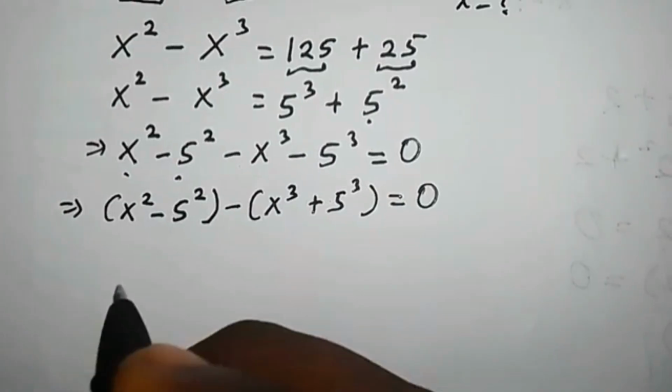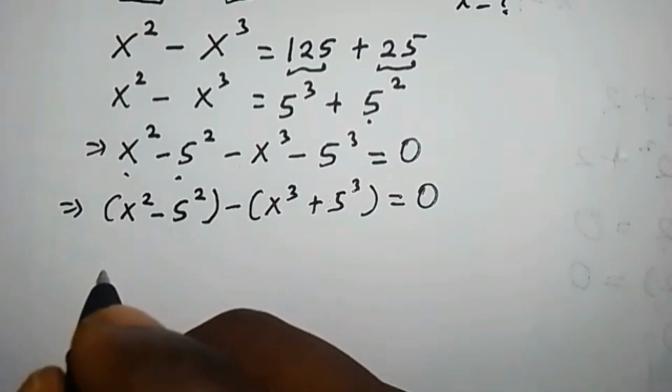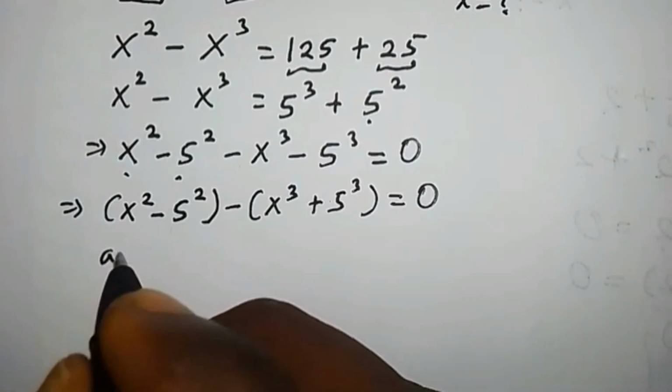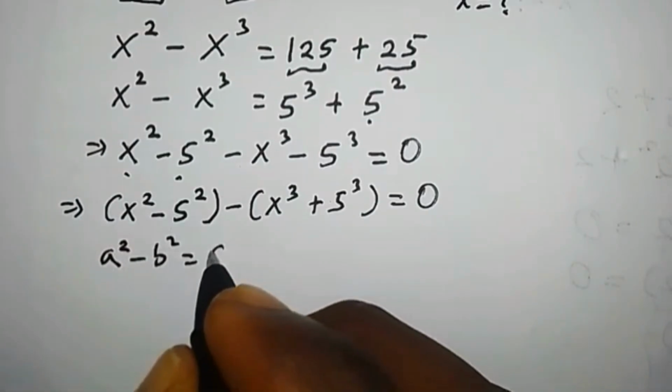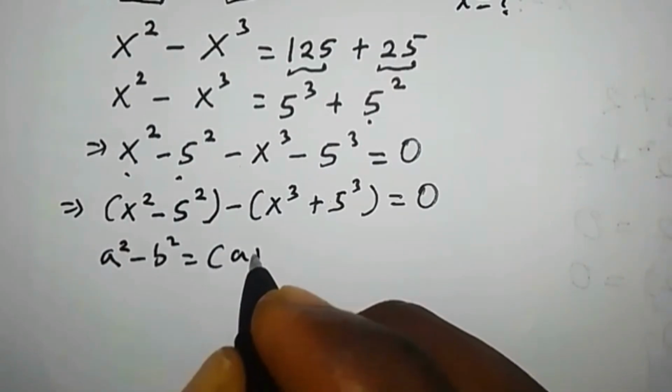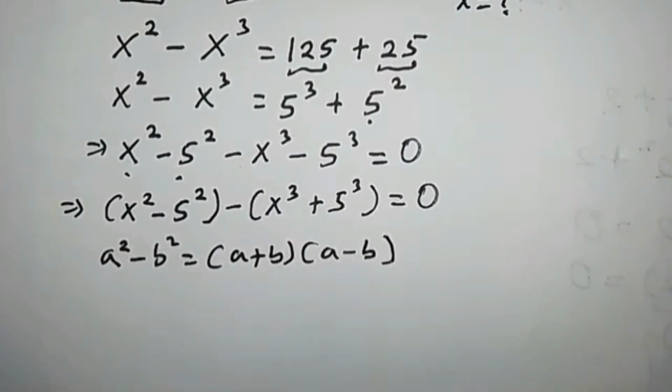At this stage, let us recall some nice algebraic properties. The first one is a square minus b square equal to a plus b times a minus b. This is the difference of 2 squares.